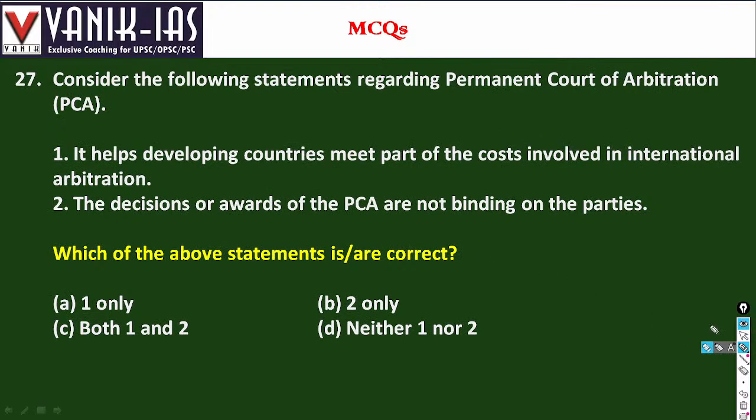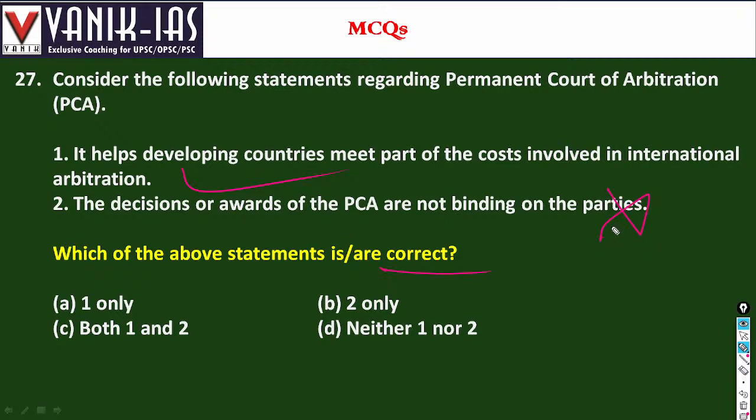Consider the following statements regarding the Permanent Court of Arbitration (PCA). It helps developing countries meet their part of the cost involved in international arbitration. Yes, it helps the developing nations. The decisions or awards of the PCA are not binding on the parties. No, this is wrong.